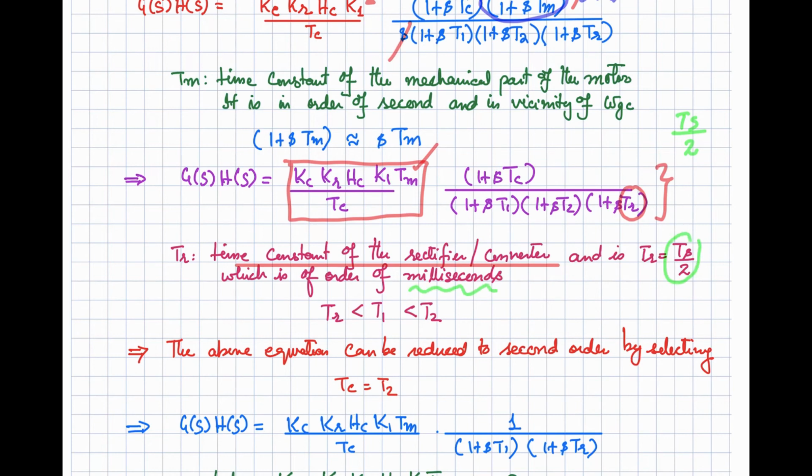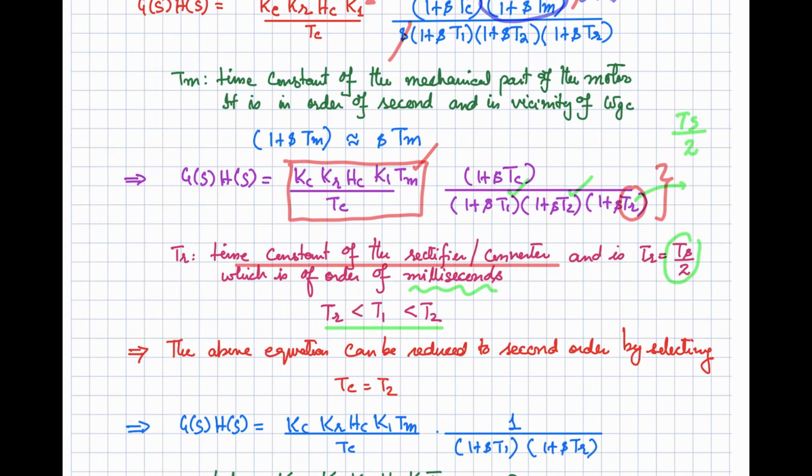So it is very small because it depends purely upon the power electronic switches. However, this T1 and T2 depend upon RA, LA, motor inertia and the frictional constant. So T1 and T2 are higher than TR. TR is smaller than T1 and T2.